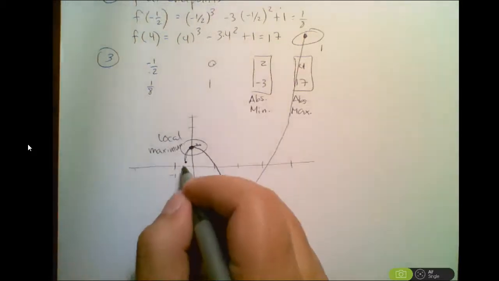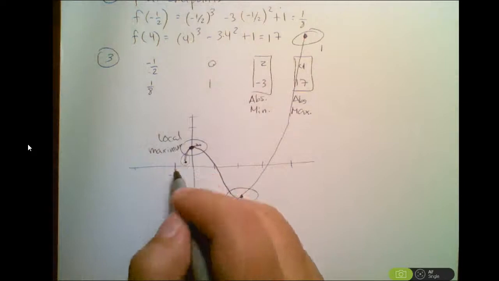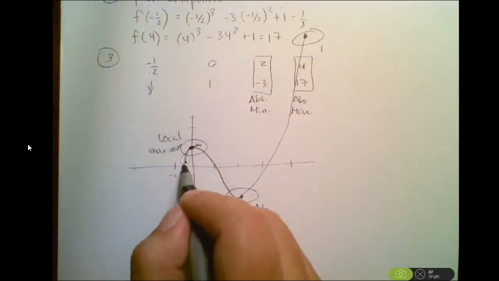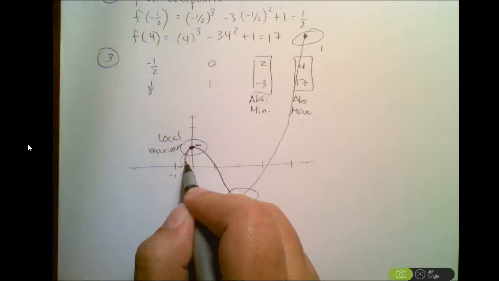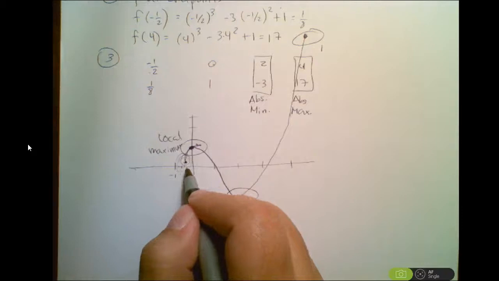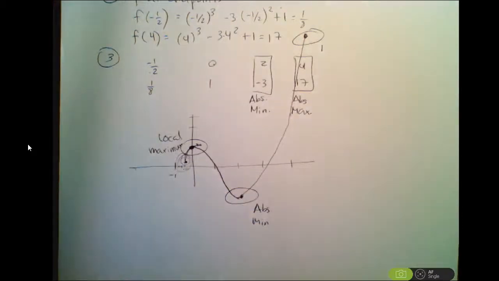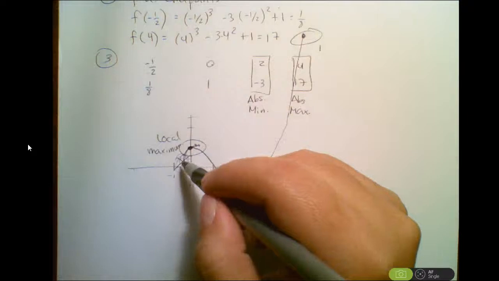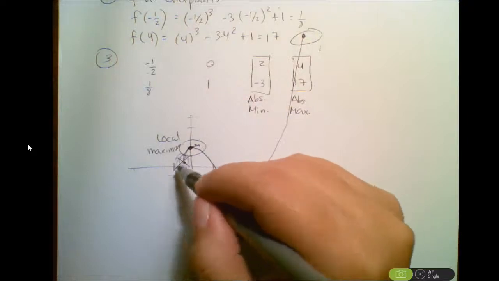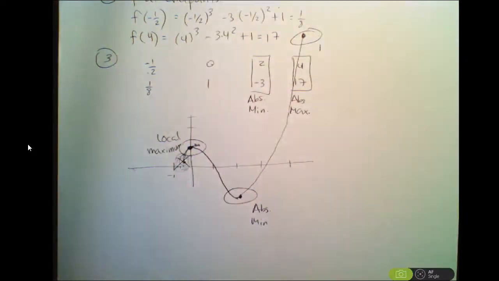You may argue that it's the lowest around here, but since you don't have any other x's on the left, you can't really judge that that's the lowest around negative 1/2, because you only have one side of negative 1/2. So this is nothing. You will have to see around those values, both sides, left and right, to be able to judge whether it's a local maximum or minimum or something.